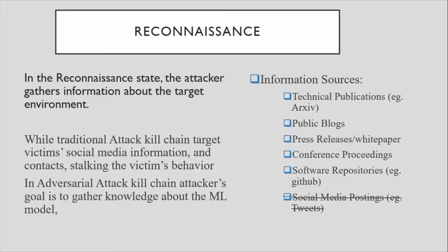They will target technical publications, whatever papers were published on that model, public blogs, company-released white papers where they talk about what model they used, different conference proceedings, journal papers, or software repositories like GitHub. So you can see that in the reconnaissance stage, social media postings or tweets are not important. What is most important is the open source information about the model.